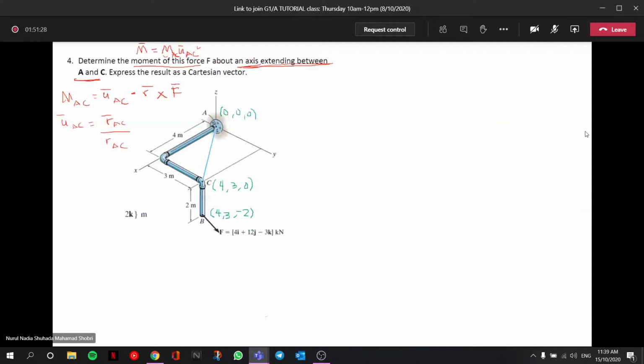So we solve the last question together. As you can see, before we can find the moment of the force about the axis extending between A and C by using this formula, we have to find the value of the moment and also the value of the vector UAC. So we will solve vector UAC first.